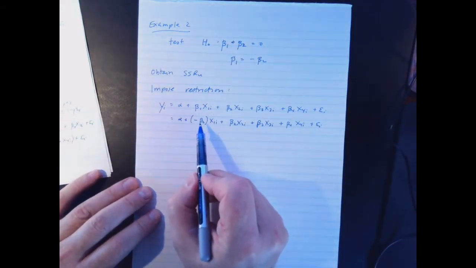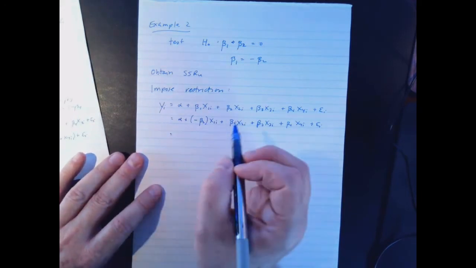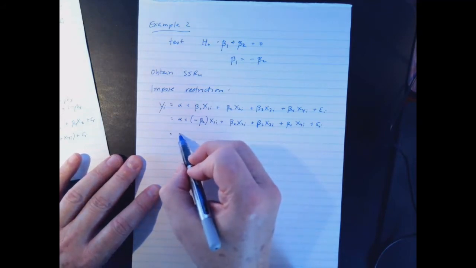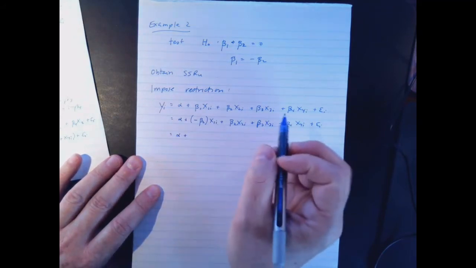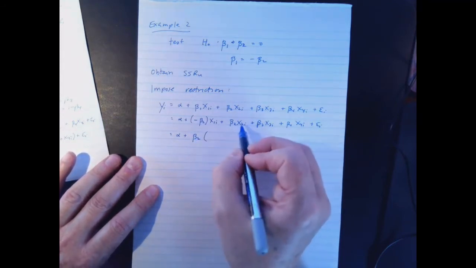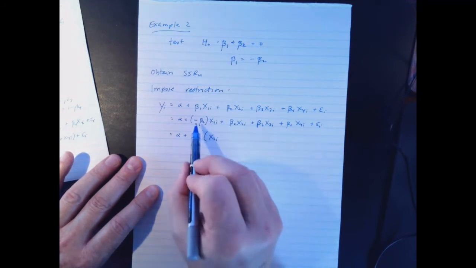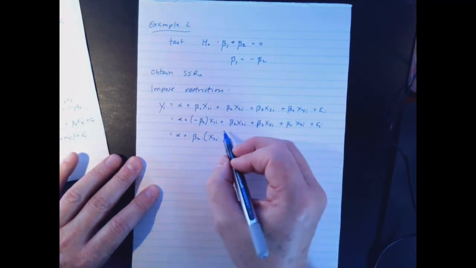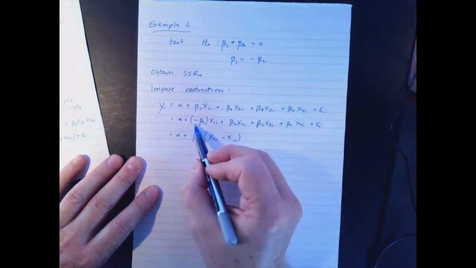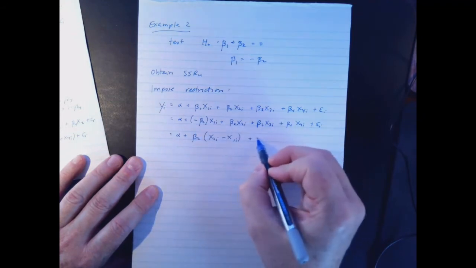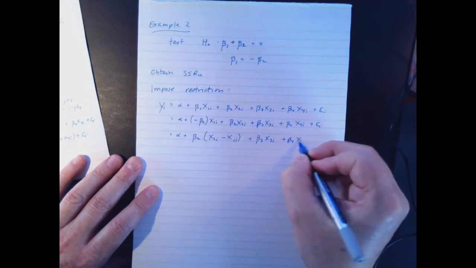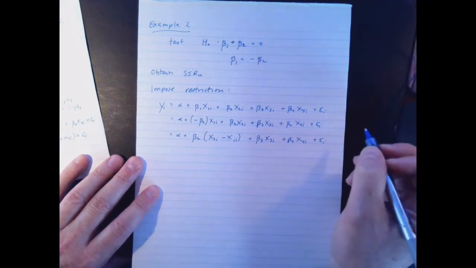So you saw what I did there. And now we've got two beta 2's in here. So we're going to collect terms. So we have alpha plus beta 2, and when I collect terms, I have the x2, and then I have minus 1 times x1, so it'll be minus x1. So that's taken care of both those terms, and then I have beta 3 x3 plus beta 4 x4 plus epsilon.